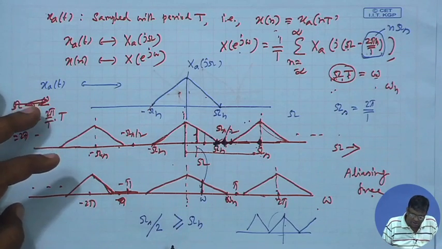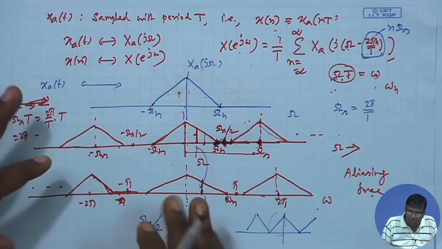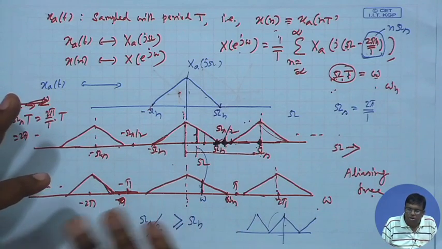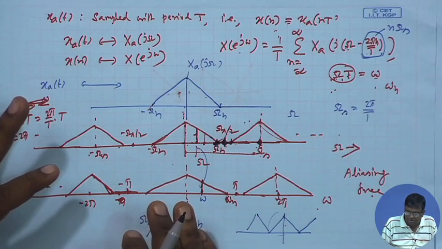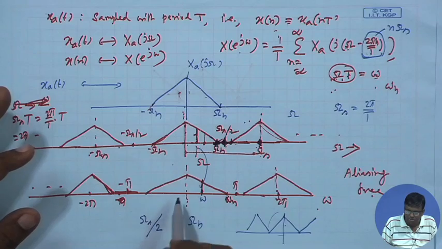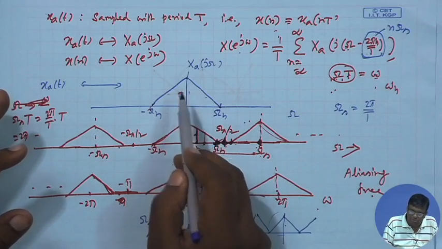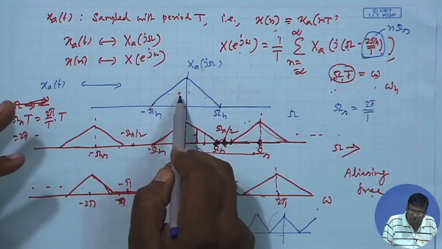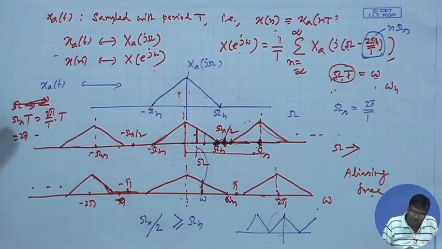It says that for perfect reconstruction, in order to be able to get back the analog function from the sequence, because if I know the sequence, I know the DTFT, but from the DTFT can I get back to the original analog Fourier transform, and therefore, by inverse analog Fourier transform on it, get the original time function x at t.